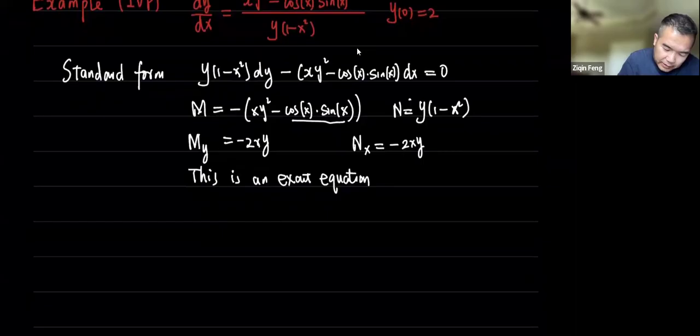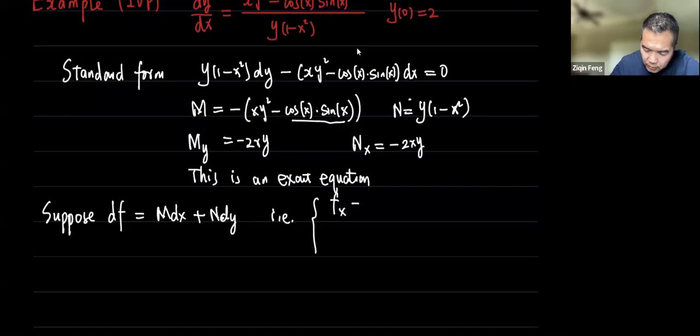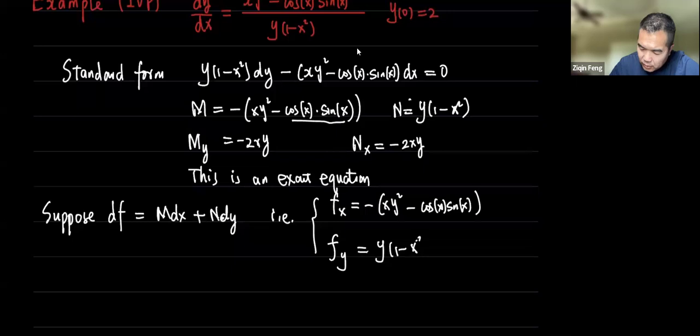So suppose df is M dx plus N dy, i.e., f sub x equal to negative xy squared minus cosine of x sine of x, and f sub y here equal to y times 1 minus x squared.